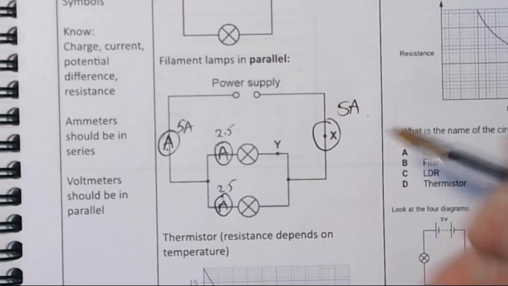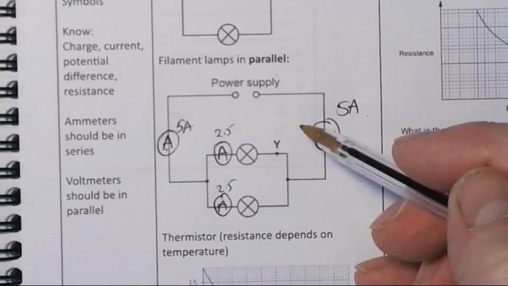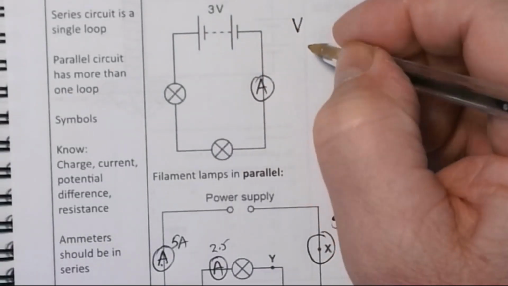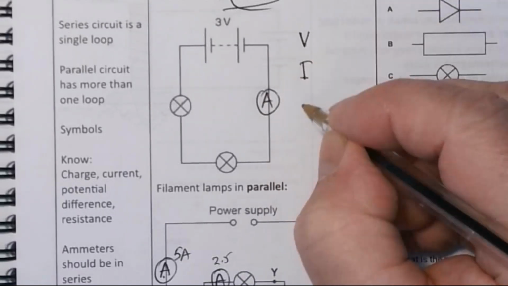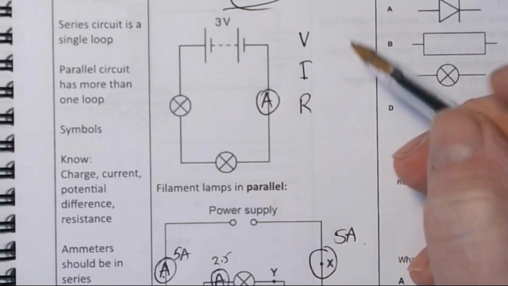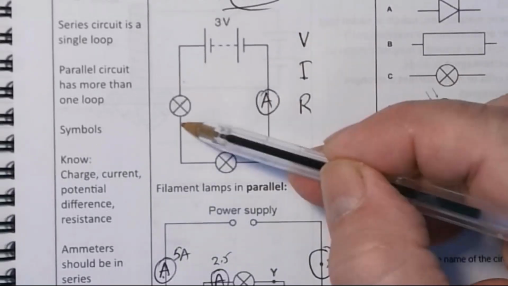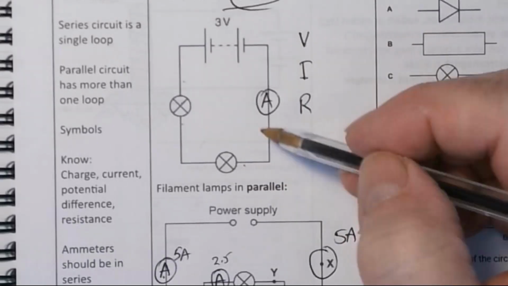So the rules for a series circuit are different to the rules for a parallel circuit. You need to know the rule for voltage, you need to know the rules for current, and you need to know the rules for resistance. Very quickly, in a series circuit, voltage will be divided across each component. The current will be the same everywhere.